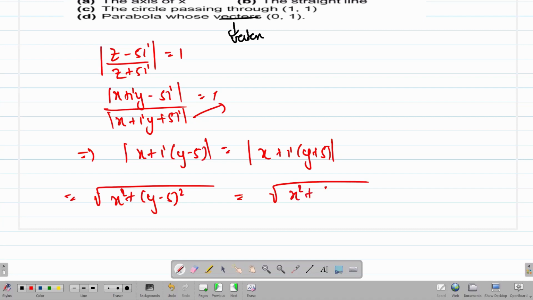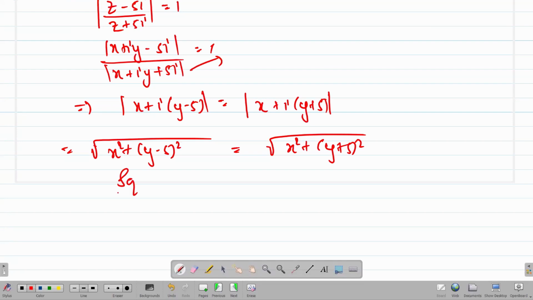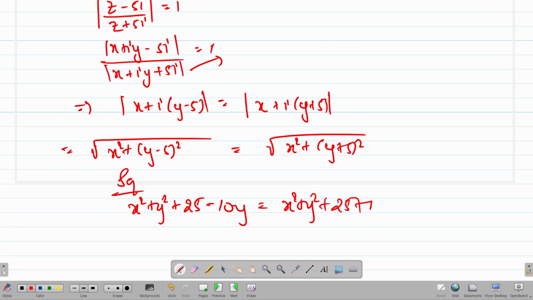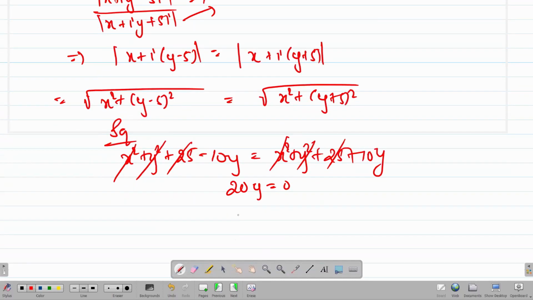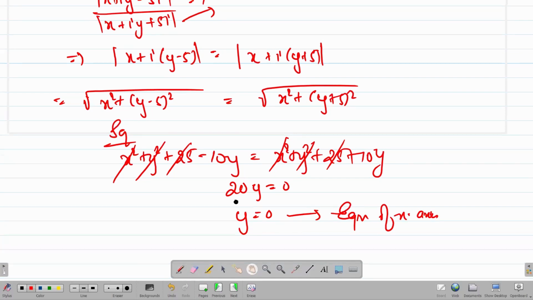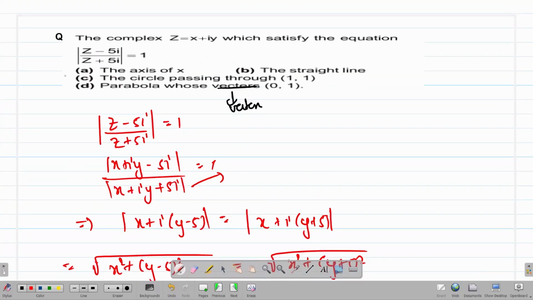After squaring both sides, we get x square plus y square plus 25 minus 10y is equal to x square plus y square plus 25 plus 10y. On further solving, I get 20y is equal to 0, and y is equal to 0, which is what? The equation of the x-axis. So my correct option is here, option A.